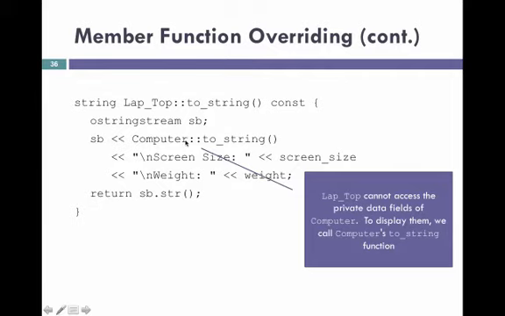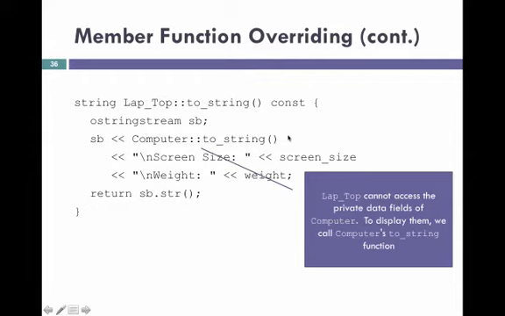So this is the preferred way to do that, rather than go to computer and make its data fields protected so that we could reference them directly in the laptop toString. We do a little bit more information hiding if we simply invoke the toString method on the computer class.